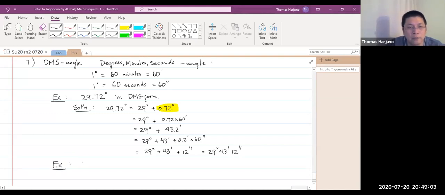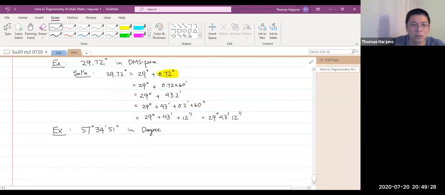Suppose I have 57 degrees, 34 minutes, and 51 seconds. Then what will this be in decimal? In degrees only, which means it is a degree with decimals. We will do the following.